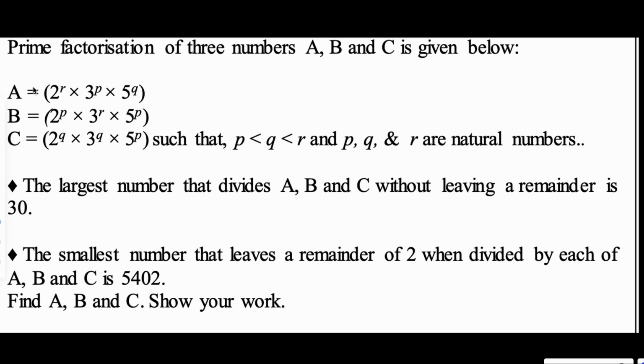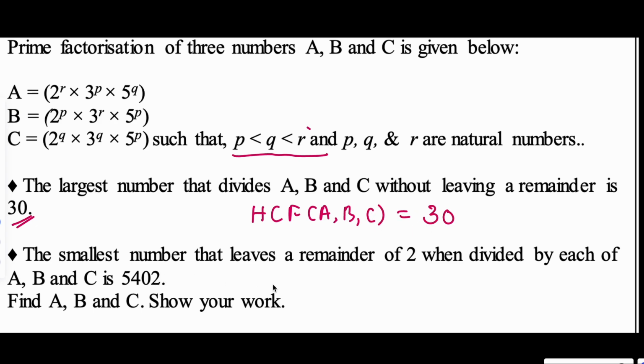Now here prime factorization of three numbers are given, A, B, C. And the important point is P, Q and R, all the exponents are natural numbers, and P is the smallest one and R is the largest one. Then the largest number that divides A, B, C without leaving any remainder is 30. That means HCF of A, B and C is equal to 30.